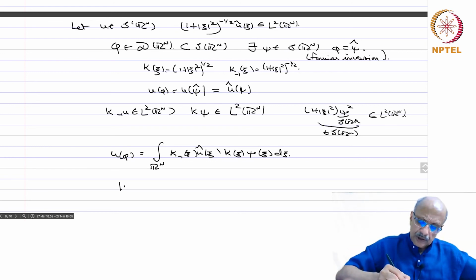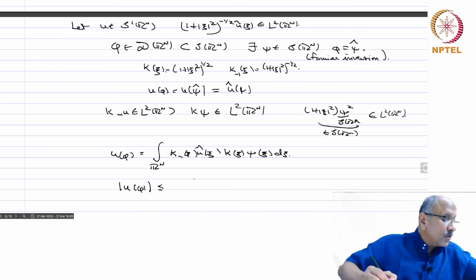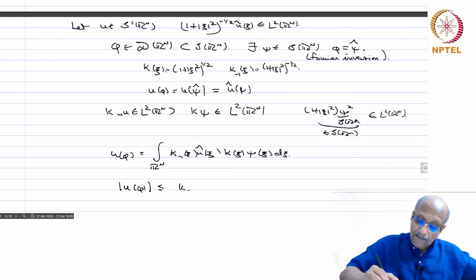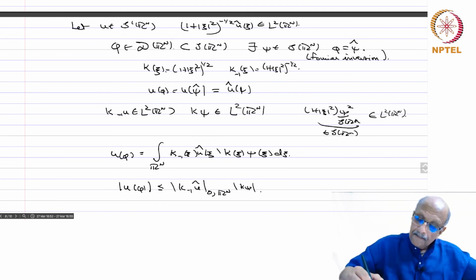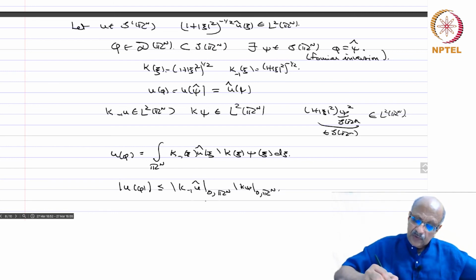So by the Cauchy-Schwarz inequality, you have |u(φ)| is less than or equal to the L² norm of k₋₁û times the L² norm of kψ. Okay, this is some constant which we don't have to worry about.